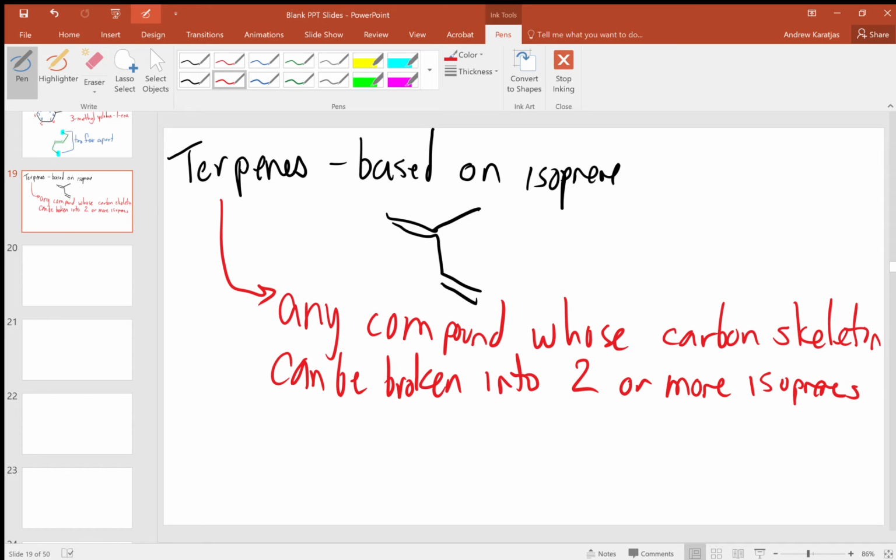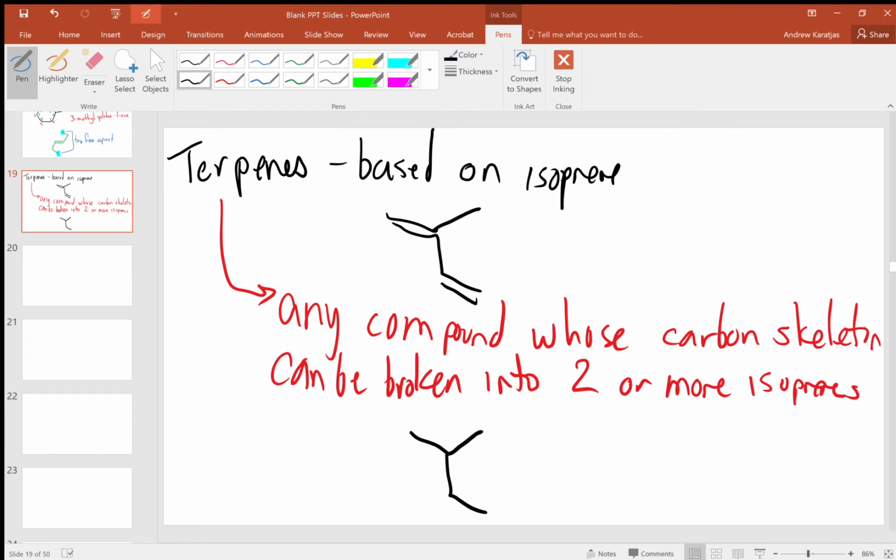Now, it's important to note that when we talk about isoprenes themselves, it's the carbon skeleton, this shape of 5 carbons like this, that matters, but not necessarily the actual alkenes. So many molecules that are considered terpenes will have repeats of this 5-carbon group, shaped exactly the way we have it here, but won't necessarily have the alkenes.